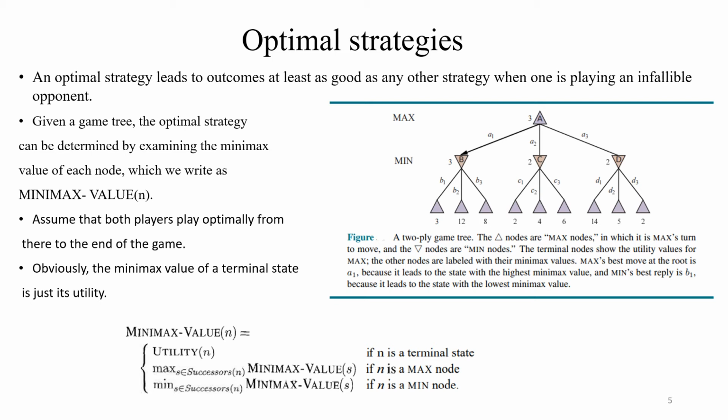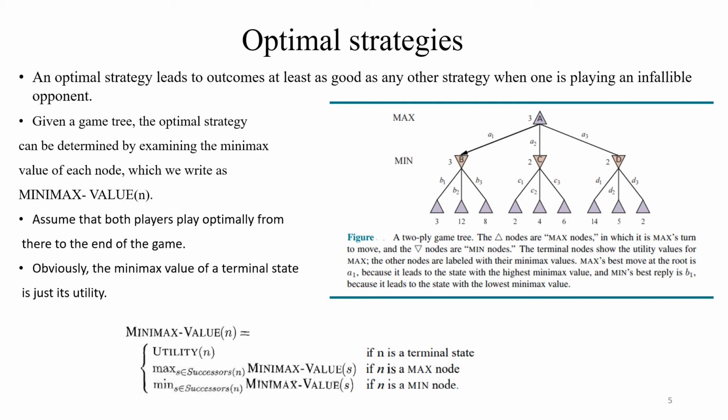The first min node, labeled B, has 3 successors with values 3, 12 and 8. So its minimum value is 3. Similarly, the other two min nodes have minimax values 2 and 2. The root node is a max node.